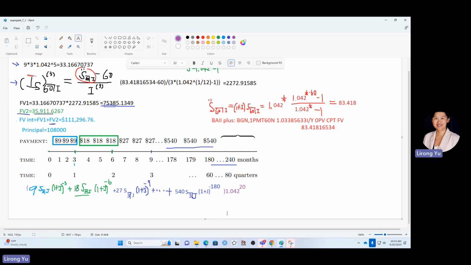Now this calculation should have a value equal to 7535.1349, and I'm trying to double check if I have the same value.